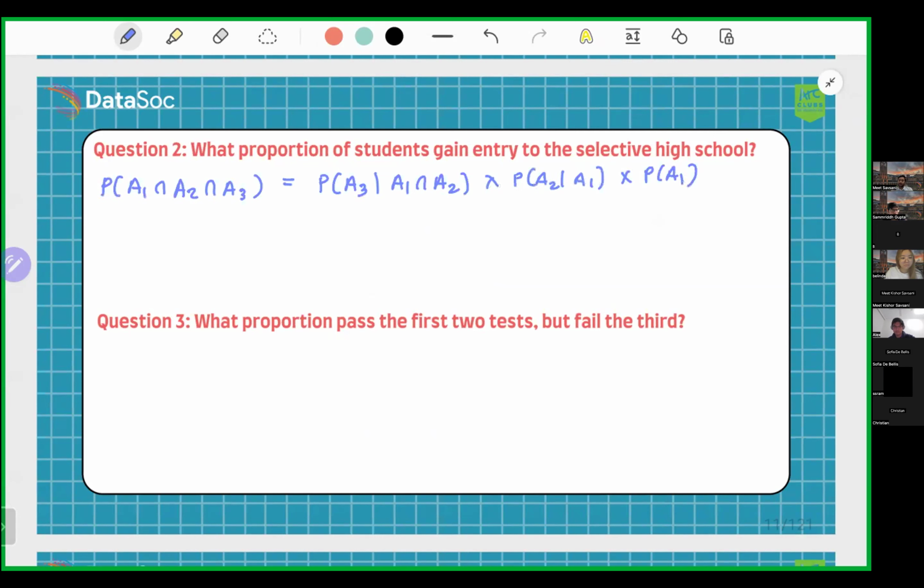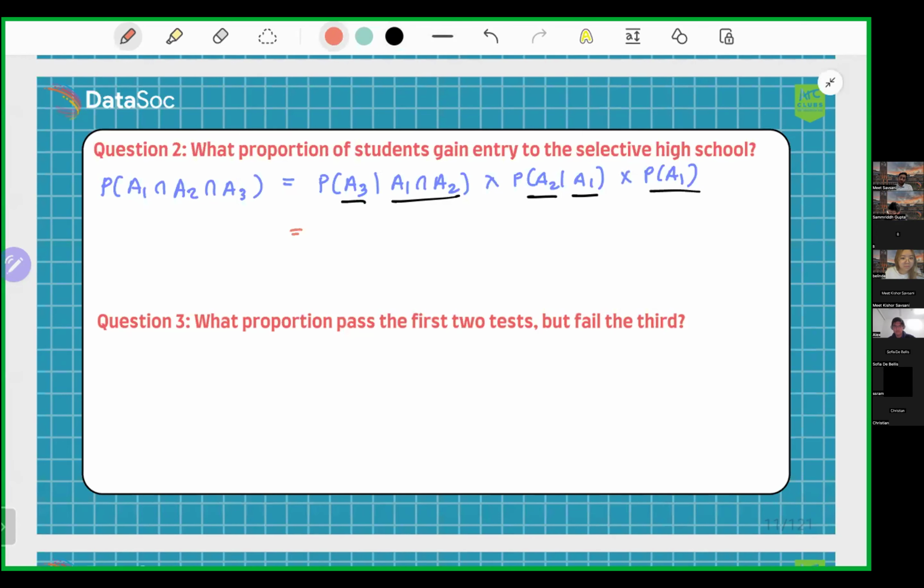So how do we read this? Probability of passing the third test, given that the student has passed the first two tests, into probability of passing the second test, given that the student has passed the first test, into probability of passing the first test.